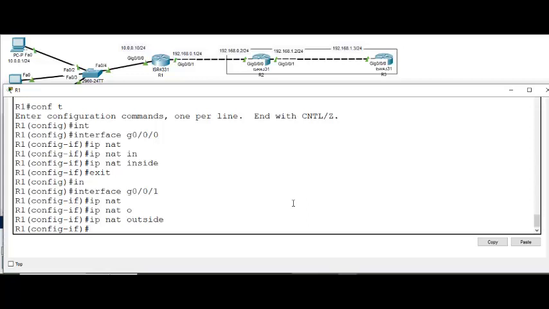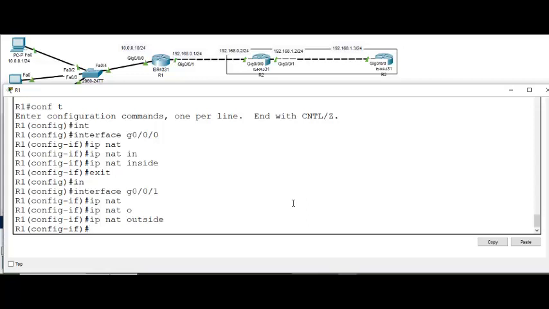This is the very first thing, and for all three types of NAT it will not change. For the other two NATs, I will not put this command again because I have put it now. Whether you do static NAT or dynamic NAT overloading, whichever NAT you do, you must put this inside and outside.